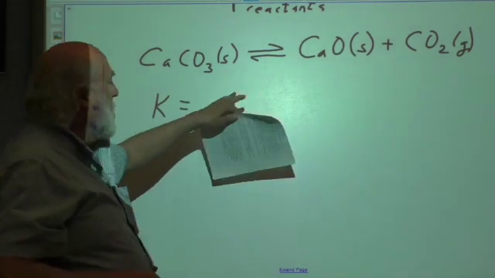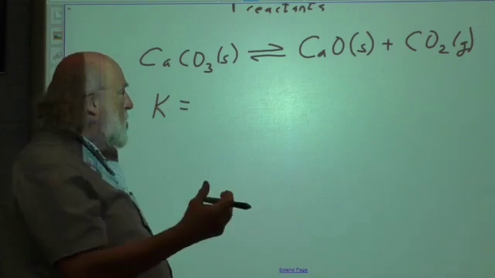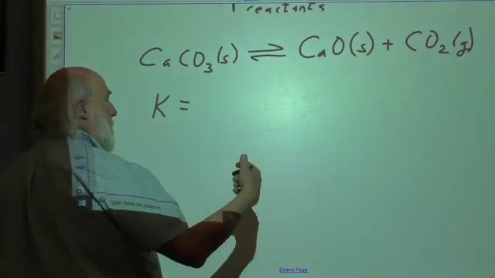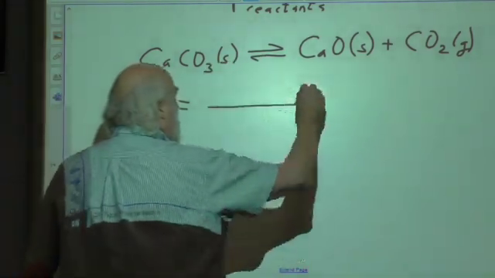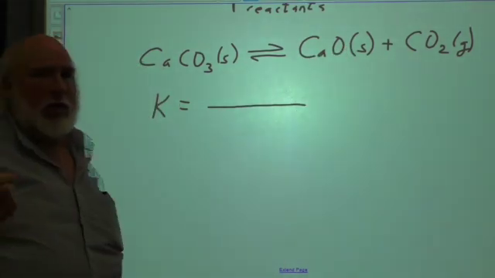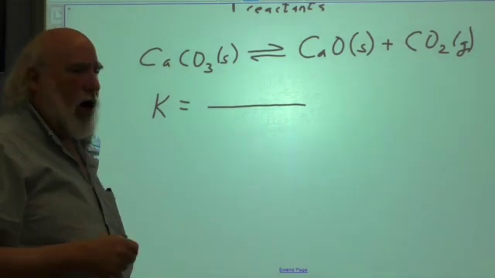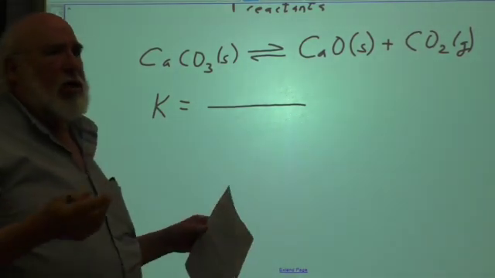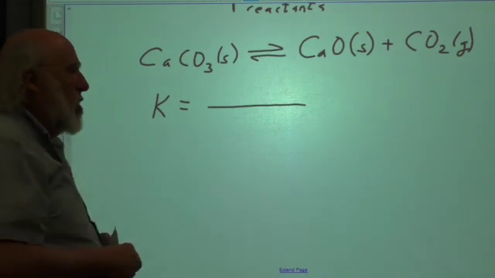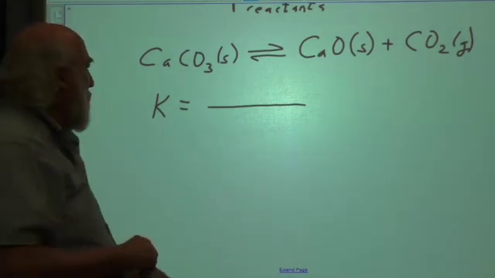Here we have a solid and a solid. So if we were looking at this in terms of products over reactants, then what we would have is a solid that we can't represent. So we use the number 1 because it has no effect upon the overall K value, and there's nothing that is going to change it.